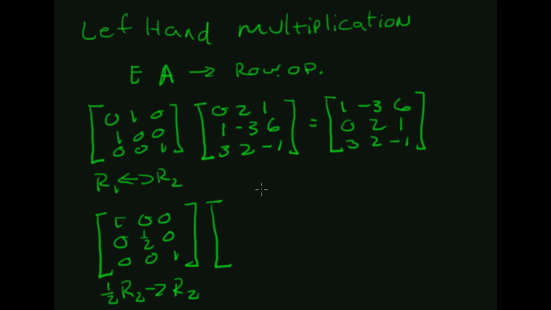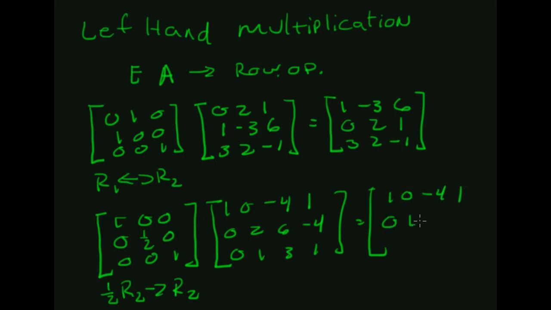And if I multiply that by 1, 0, negative 4, 1, 0, 2, 6, negative 4, 0, 1, 3, 1, what I should end up with is 1, 0, negative 4, 1, 0, 1, 3, negative 2, 0, 1, 3, 1. It will perform this row operation right there. Okay, so that's pretty wild.